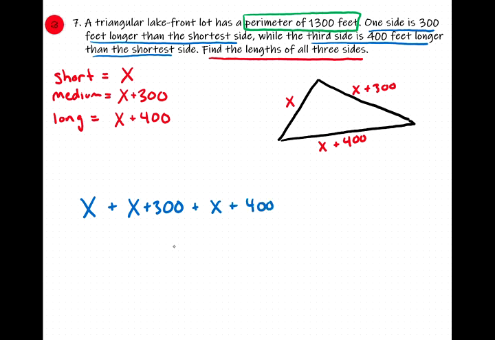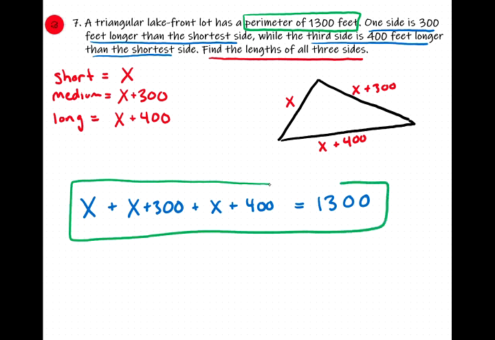So that would be the three sides added up. And when you add up the three sides of a triangle, you get the perimeter, and the perimeter is 1,300 feet. And that will be our equation for number 7.